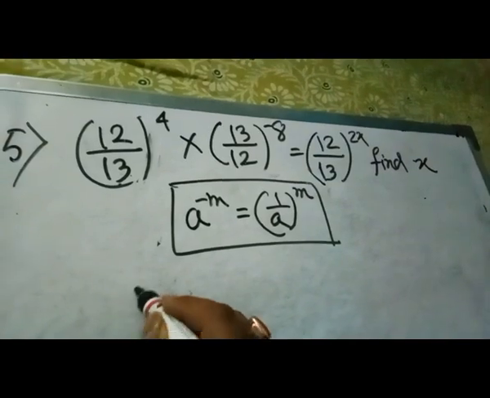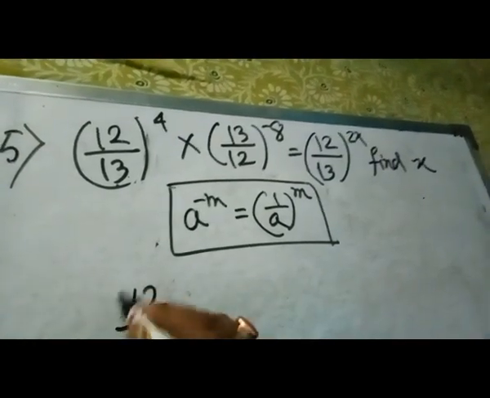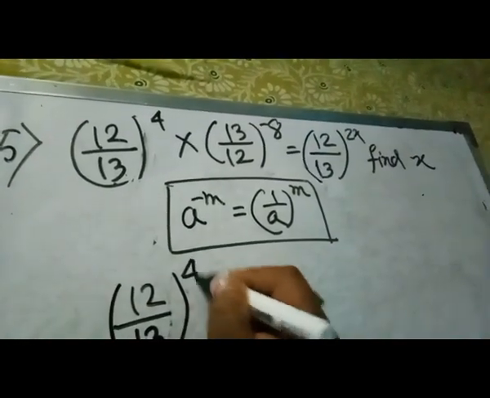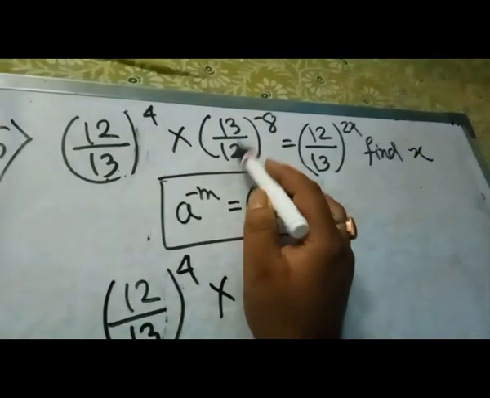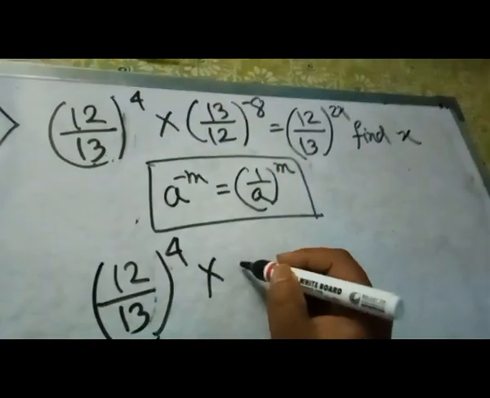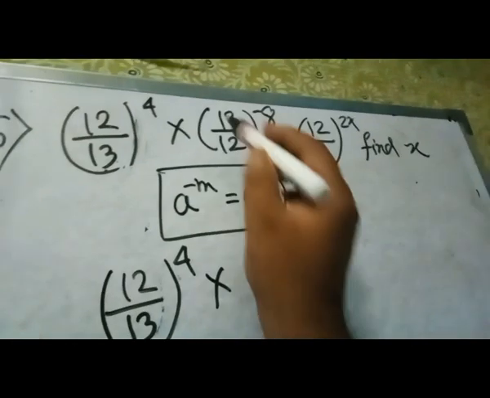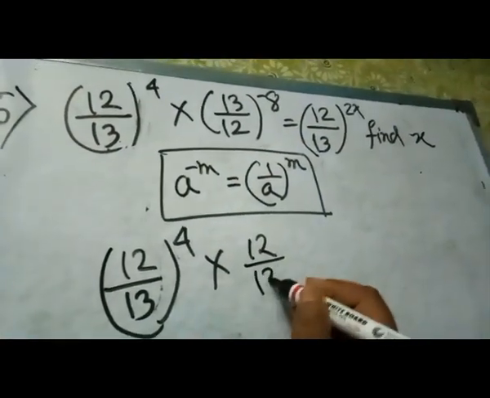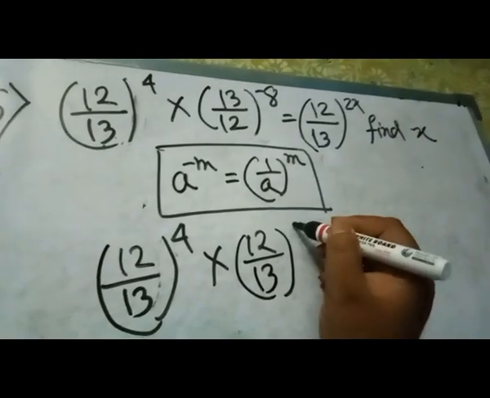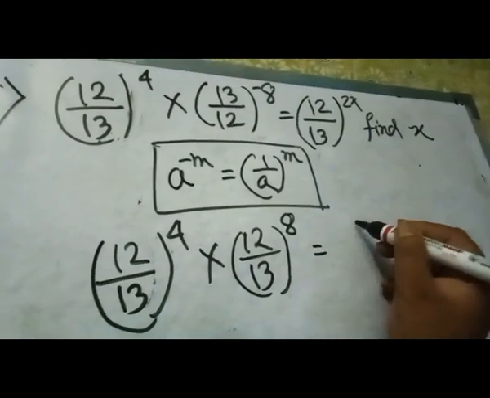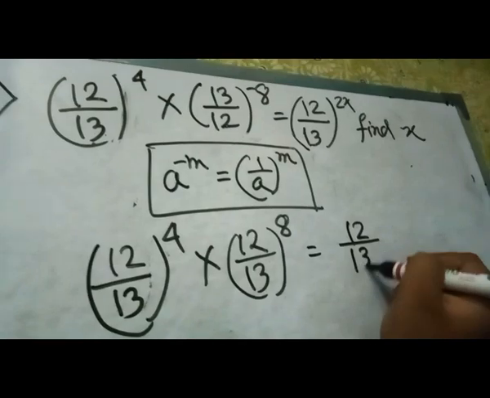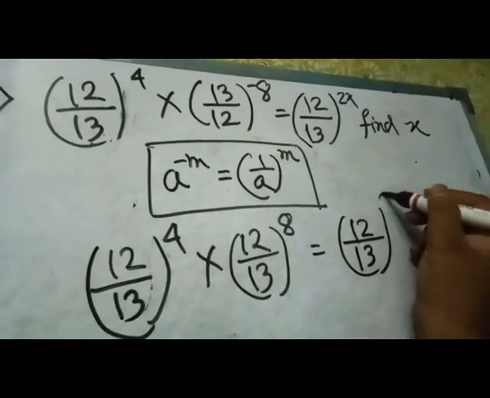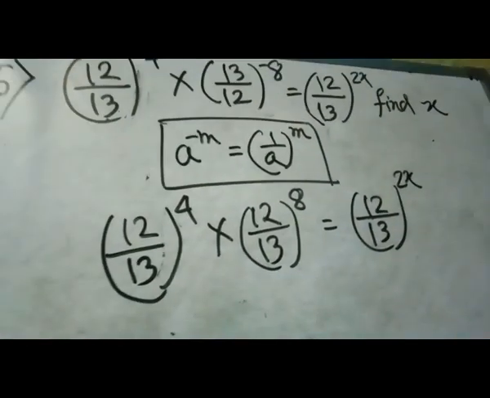So 12 by 13 whole to the power 4, into, here 13 by 12 is written, so you have to write its reciprocal, 12 by 13 whole to the power of plus 8, equal to 12 by 13 whole to the power of 2x.